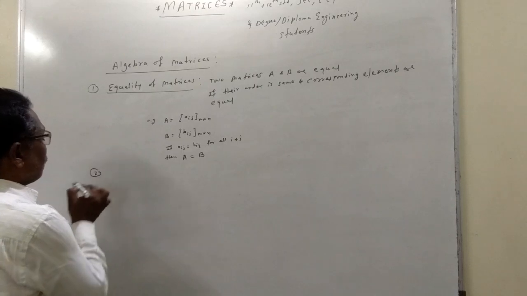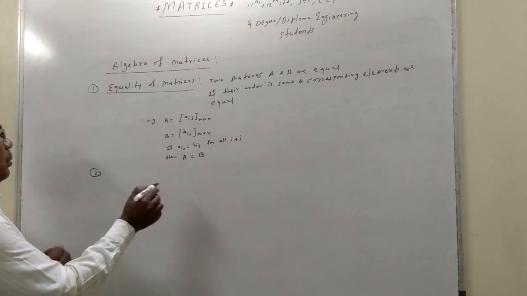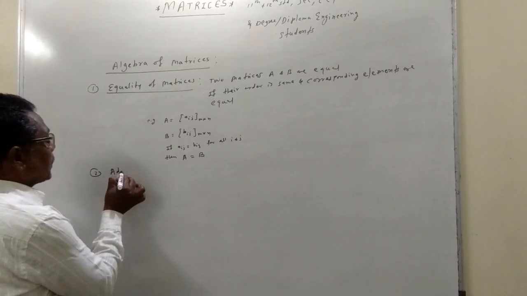Now the second algebraic operation done on matrices is addition of matrices.